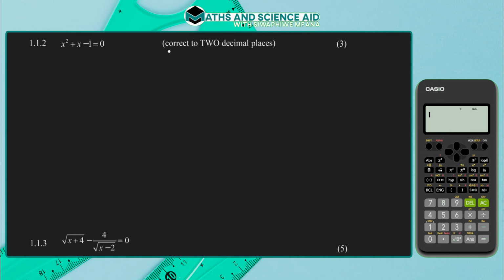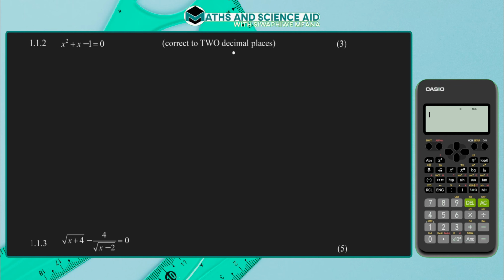And in brackets, they say correct to 2 decimal places. Here, all you need to know is that whenever you see this description in brackets, it is a clue or a tip that for this particular quadratic equation, you have to use the quadratic formula in order to solve for x.